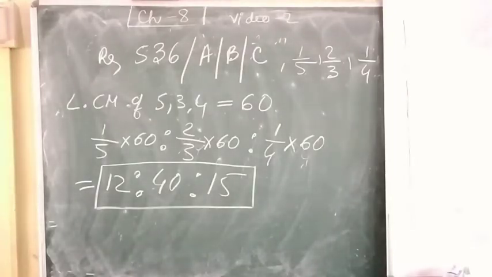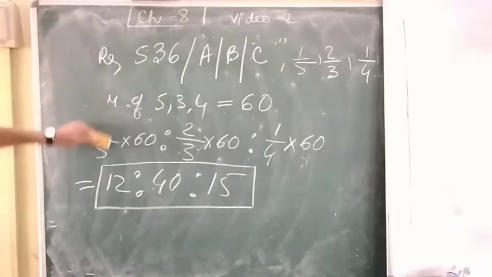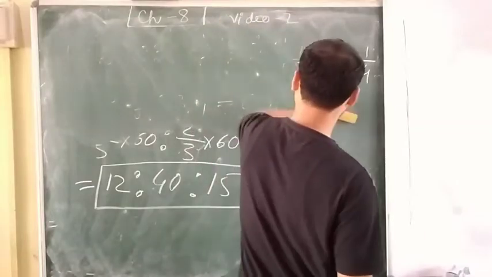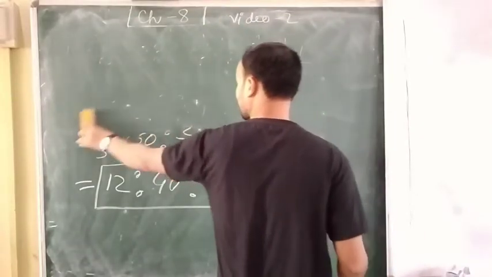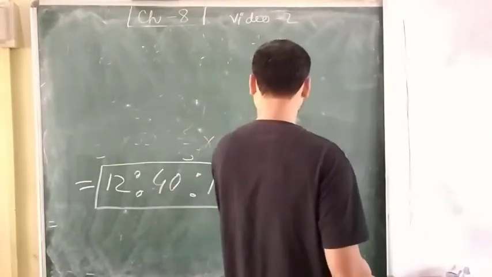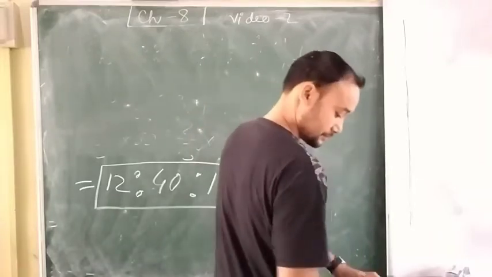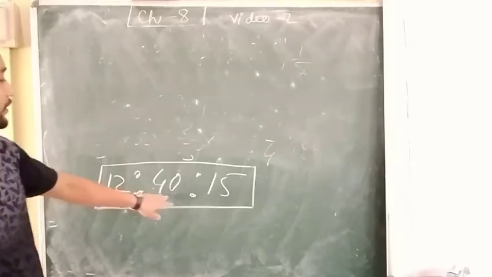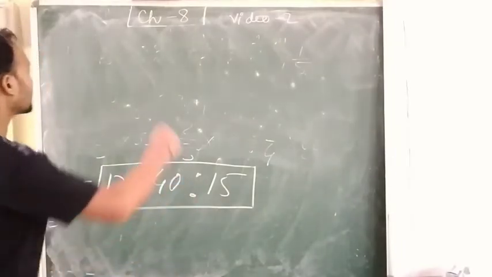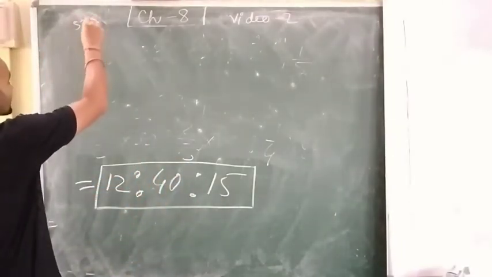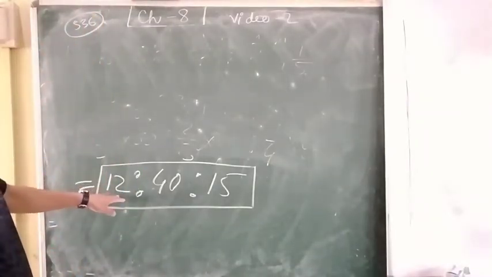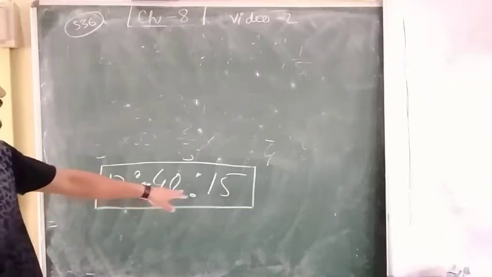Fine. Now see, I am writing this. 12, 40 and 15. 536 has to be split into 12 parts, 40 parts and 15 parts.